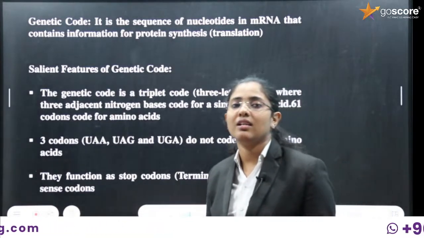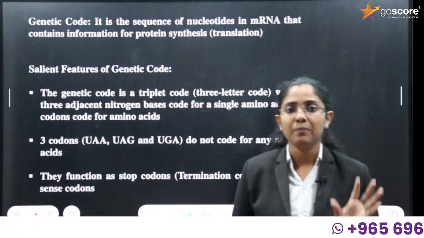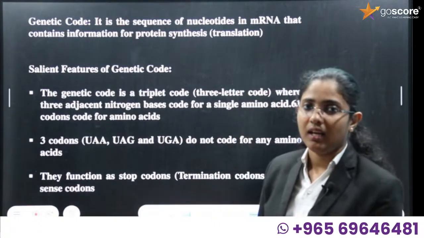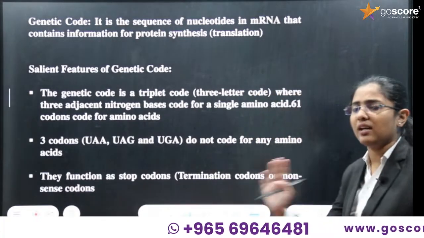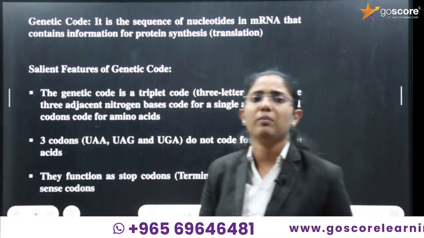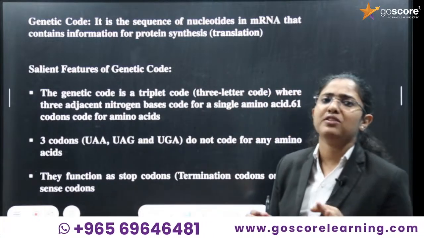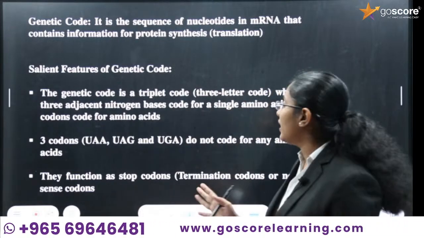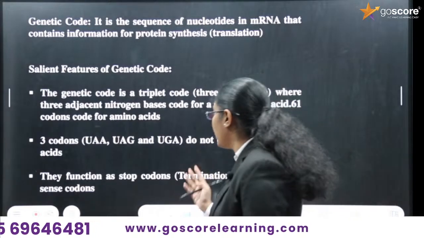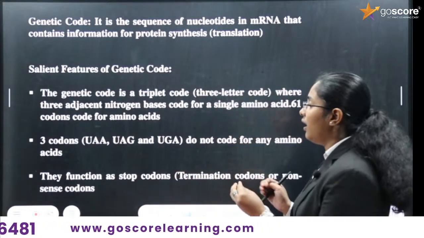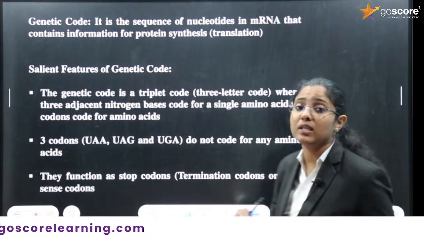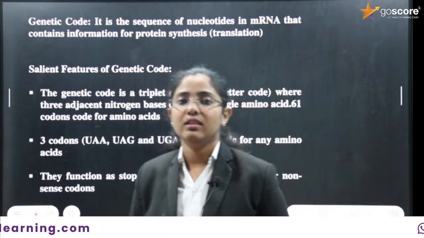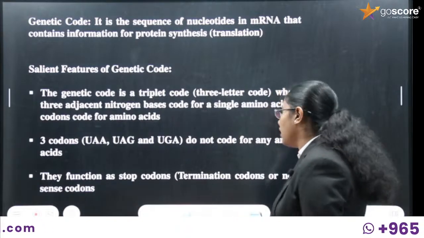Always in translation, methionine will be acting as the initiator amino acid. If you are looking into the termination, stop codons will be there. There are three different stop codons, and no amino acid is coded by these terminator sequences.